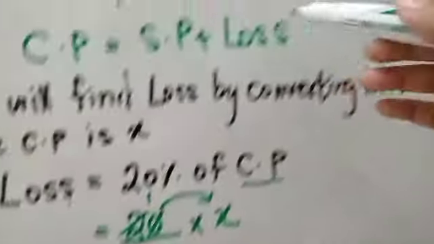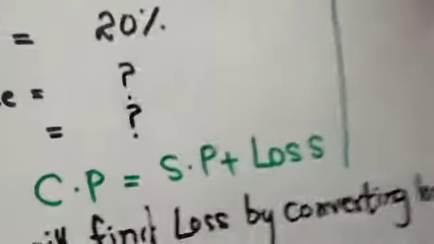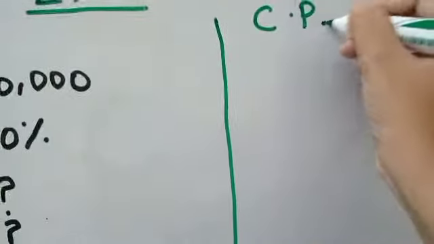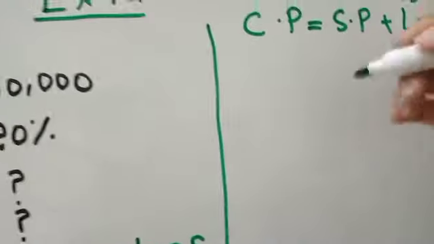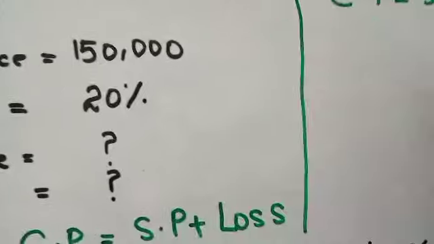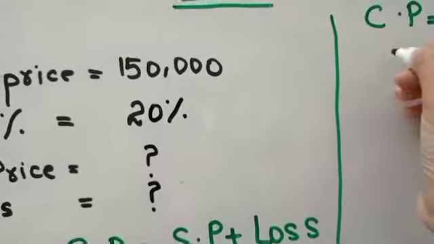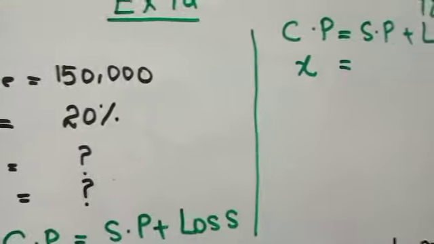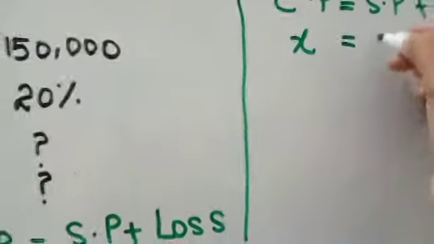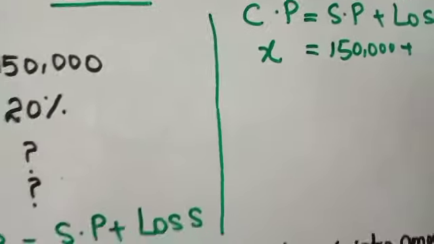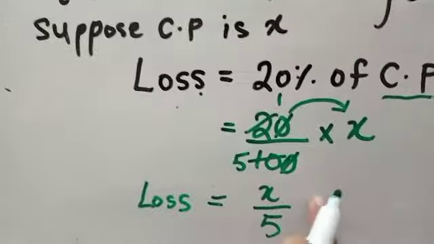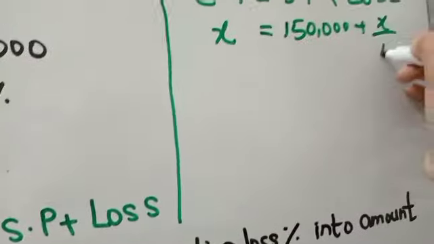So here I have calculated the loss amount, which is X upon 5. Now I will simply use this formula, cost price is equal to selling price plus loss. I will substitute the values which are given in the question. Cost price is X, which I supposed myself. Selling price 150,000 plus loss I calculated, which is X upon 5.